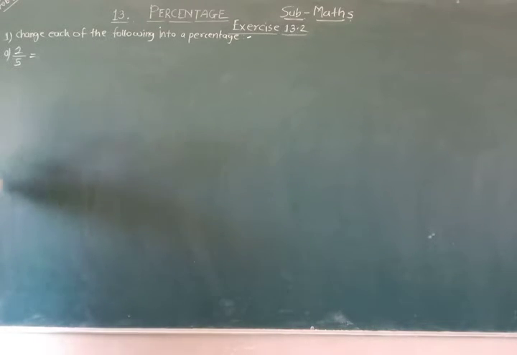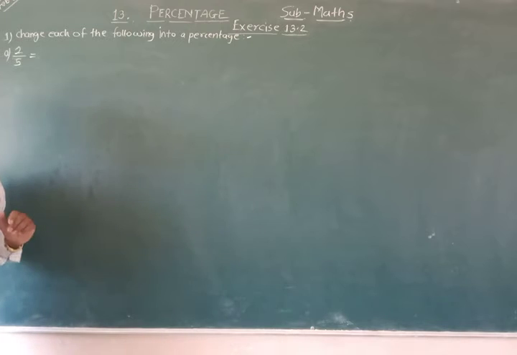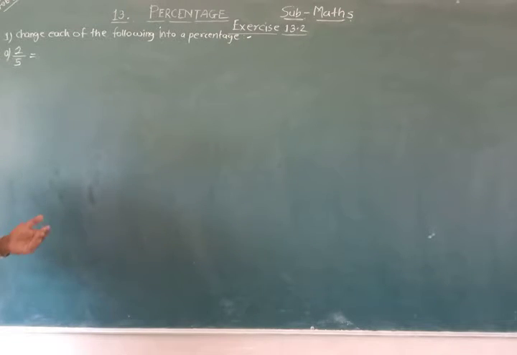When 4 is present in the denominator, multiply by 25 in the numerator and denominator. When 5 is present in the denominator, multiply by 20. When any other number is present, multiply by 100 in the numerator and denominator. Then we will convert it into percentage form.